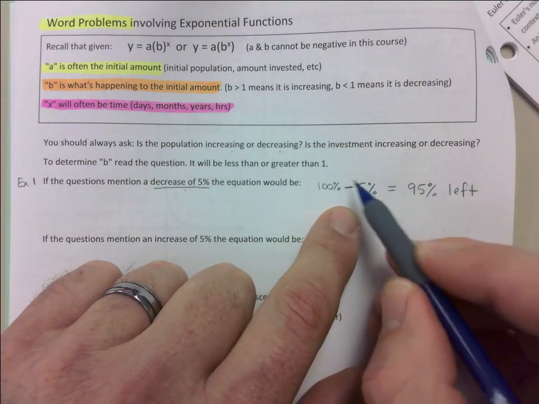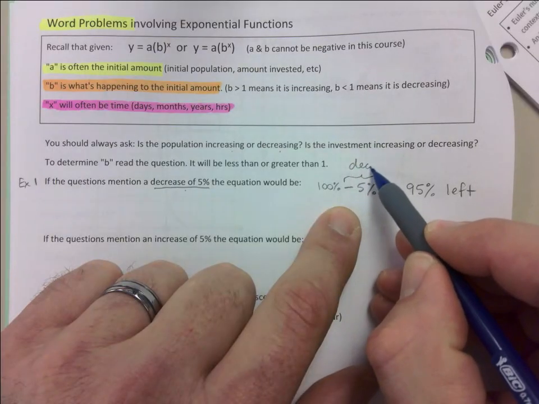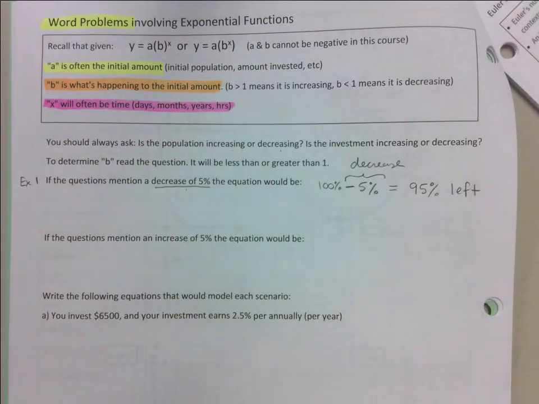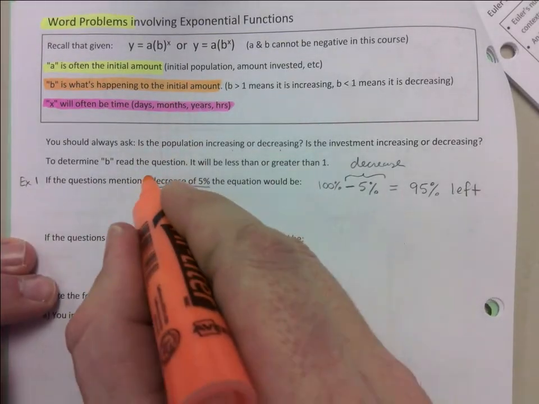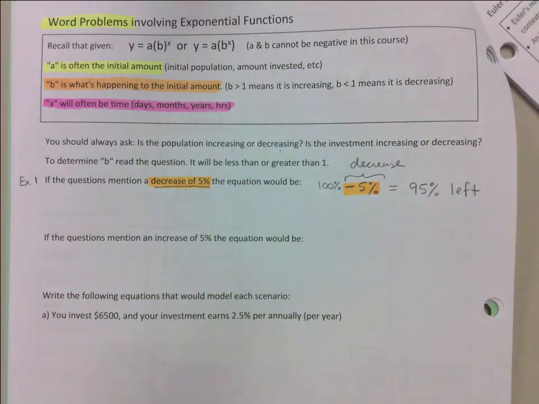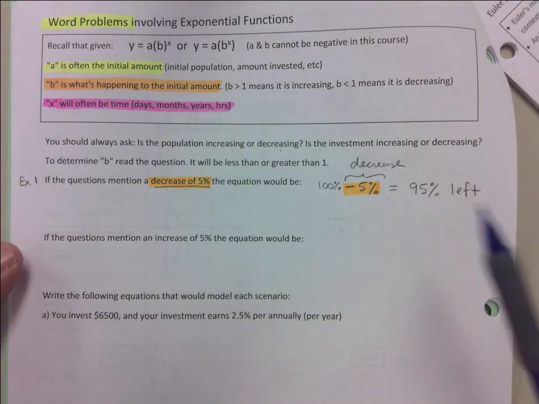So this right here, we're going to write down, this is the decrease. What's happening to the initial amount? It's decreasing by 5%. Therefore, we take 100 and we subtract 5%. So we are technically 95% left every time.